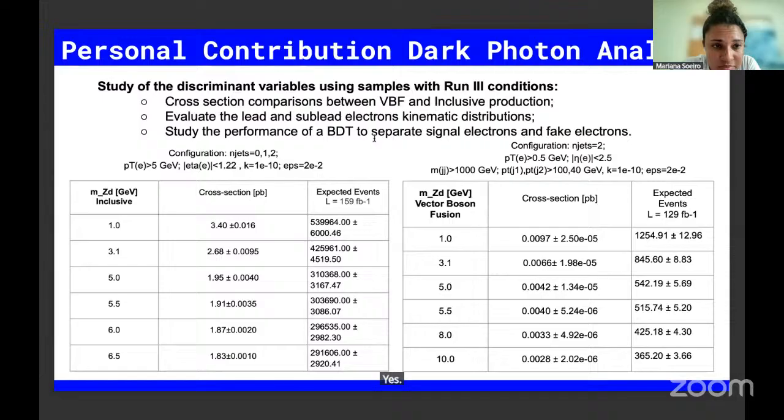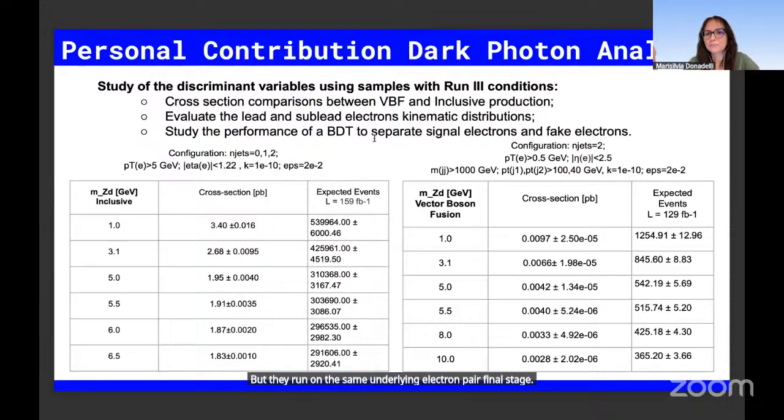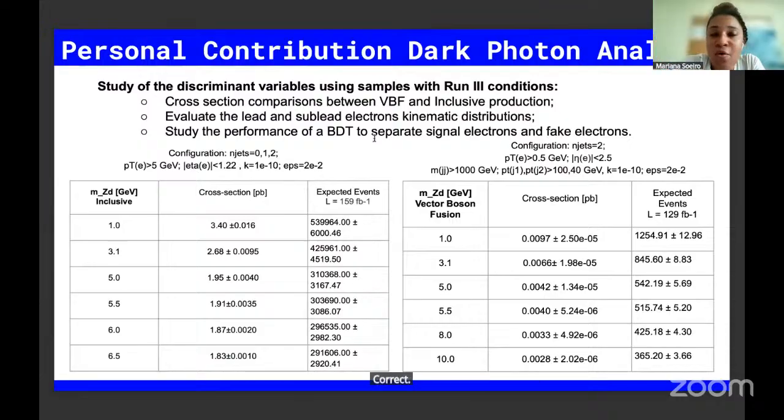But they run on the same underlying electron pair final state, correct? No, nowadays I believe it's in a more independent way. So if that's the case, are they treated statistically as statistically orthogonal categories?